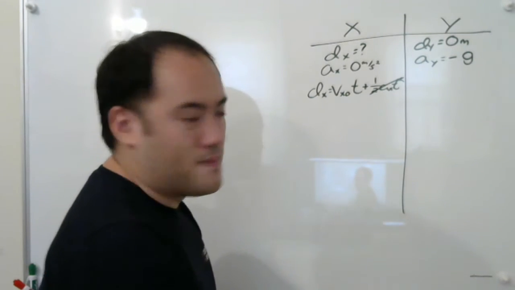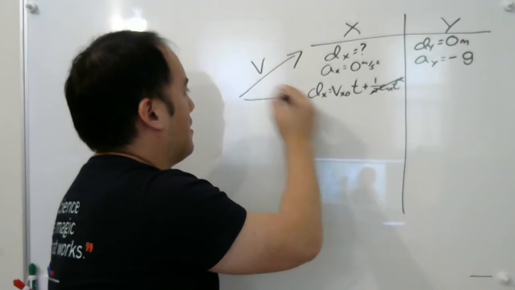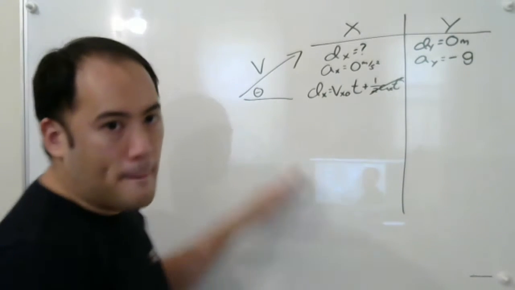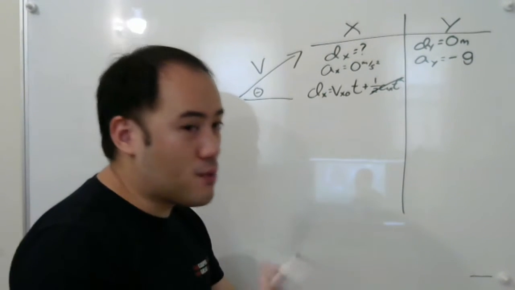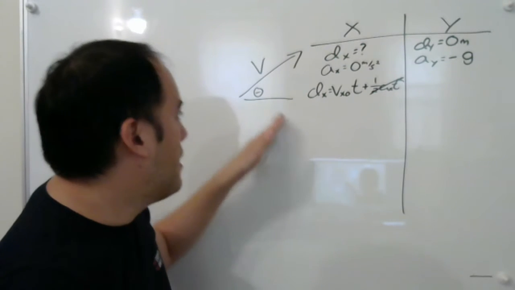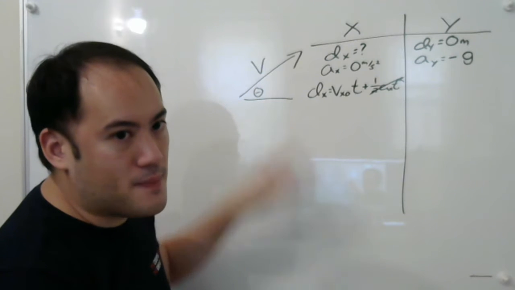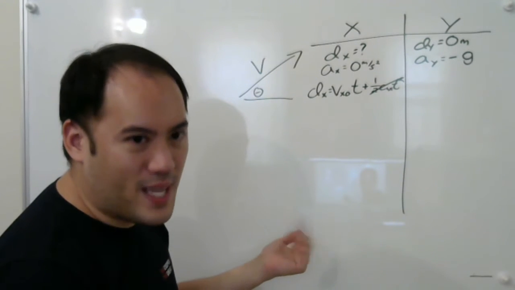Oh, I forgot V and theta. So when you're throwing a rock, you're always going to throw it as fast as you can. So your V is the fastest speed you can throw. The question is, what's the best theta, right? Yes, yeah, well I said so.